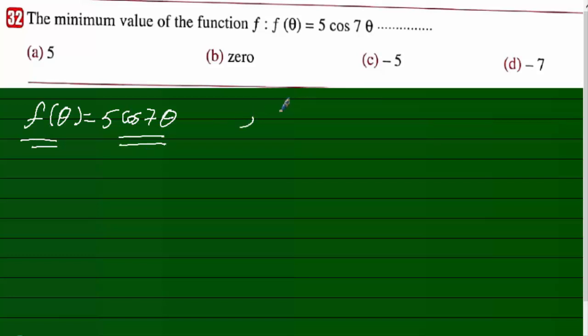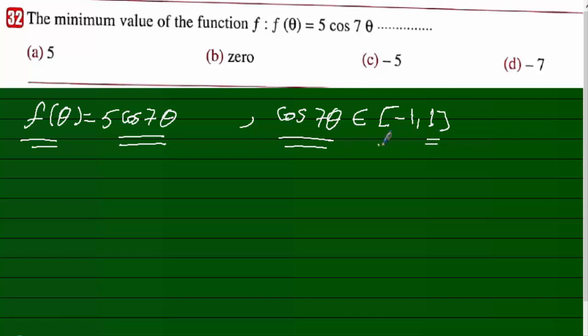And cosine 7 theta belongs to the interval from negative 1 to 1, which means cosine 7 theta is minimum when it is negative 1. Cosine 7 theta is maximum when it is equal to 1.